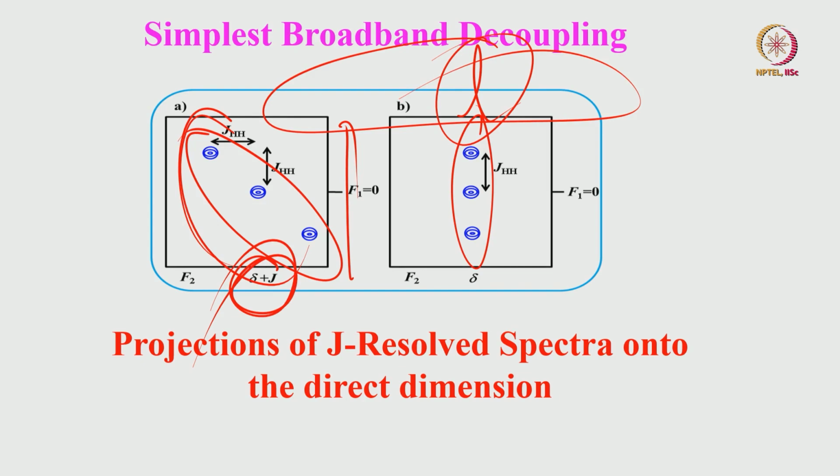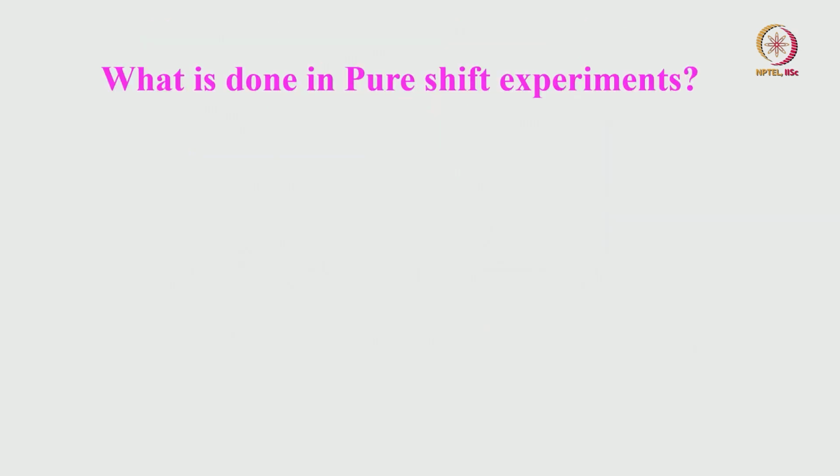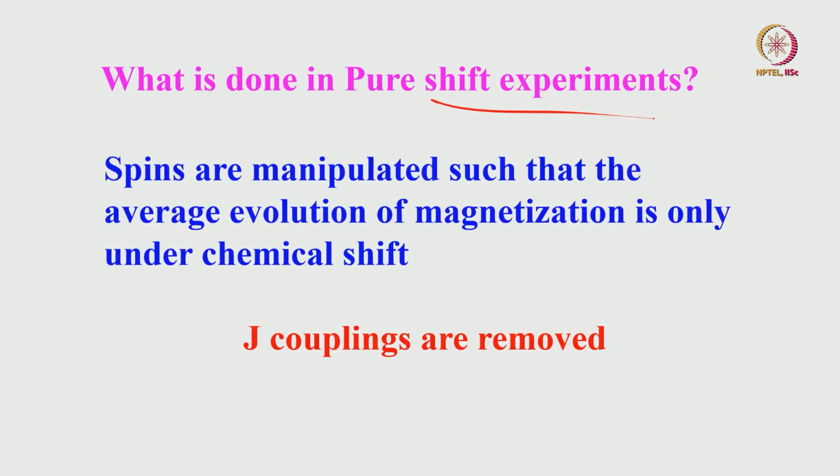So that is the simplest possible way. But there are certain issues in that when you have strong coupling effects, etc. We will not go into more details. But what is done in the pure shift experiment is something important. Spins are manipulated in such a way that the average evolution of the magnetization is only under chemical shift.